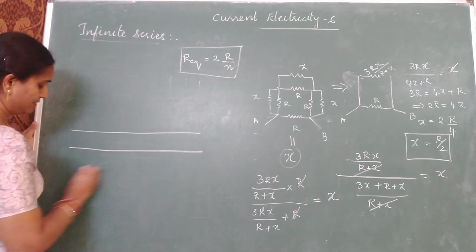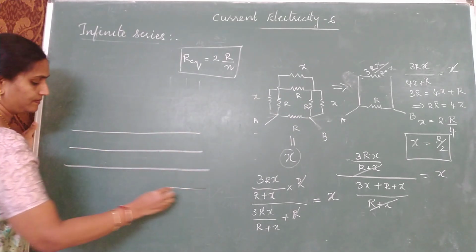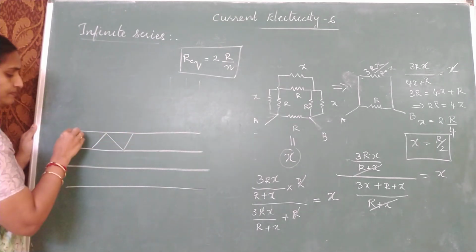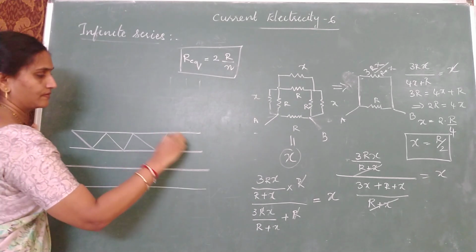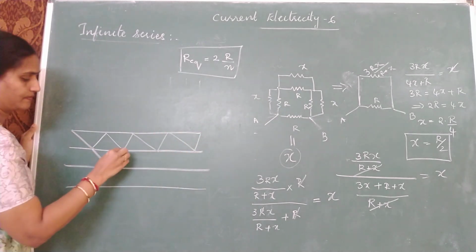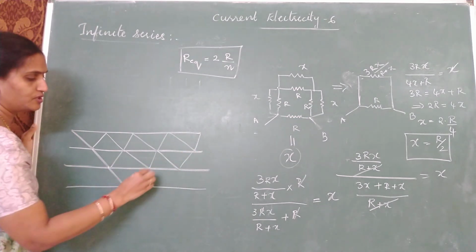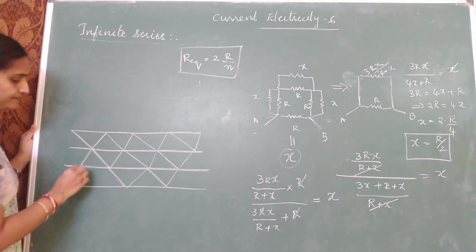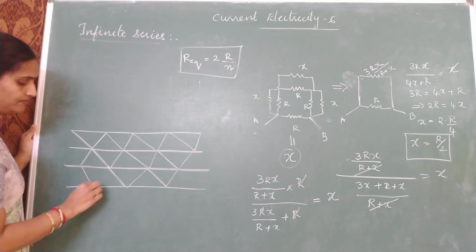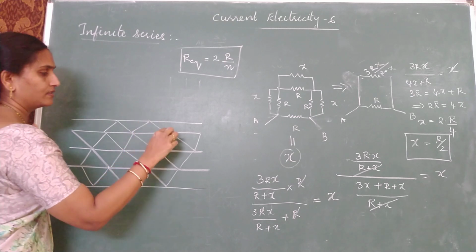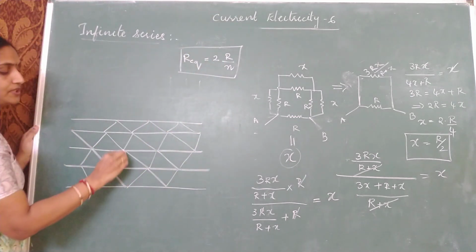assume each side is a resistor. Okay, this type of arrangement, it's a triangular grid tending to infinity. Okay, assume that infinite branches are given.